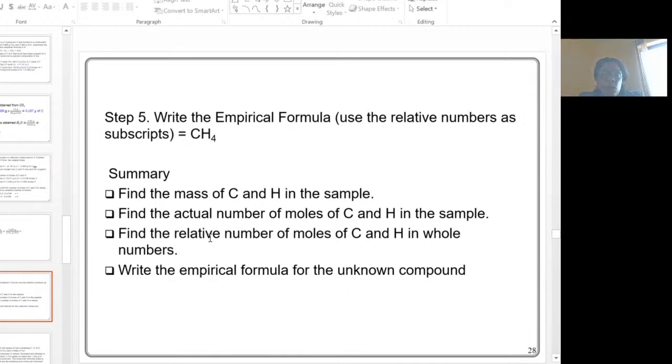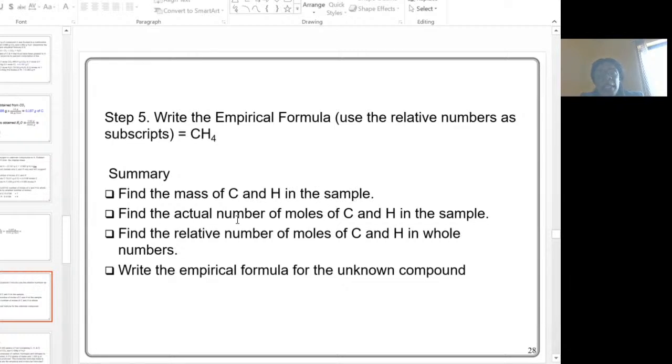The summary of all this: the first thing when you are doing a combustion analysis problem is to find the mass of carbon and hydrogen in the sample, and I've given you two methods of determining these masses.